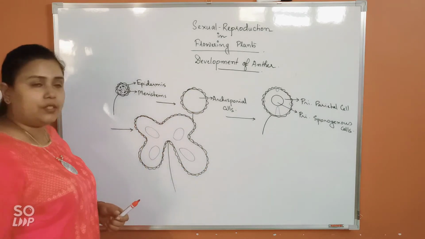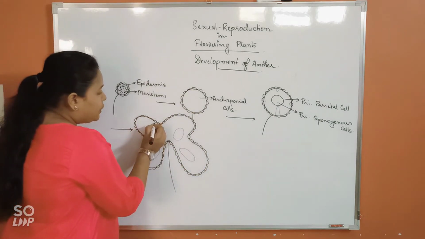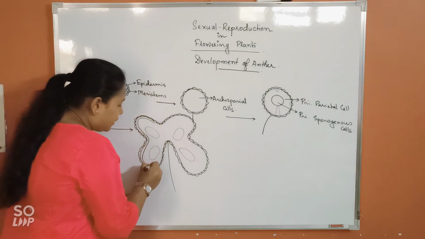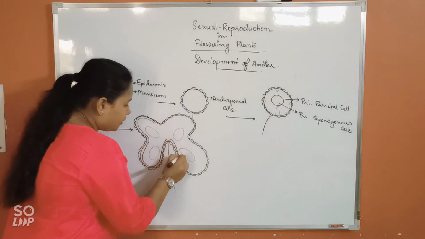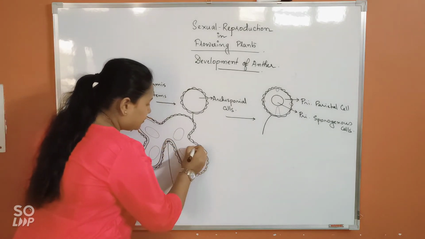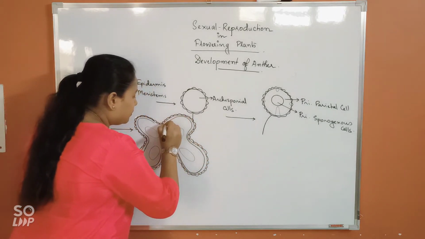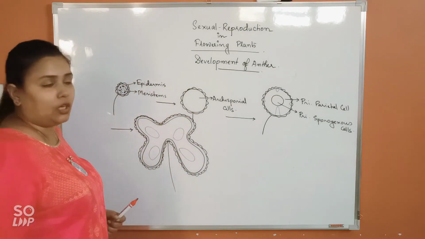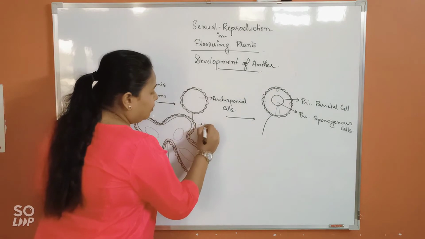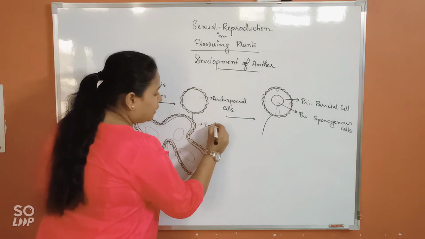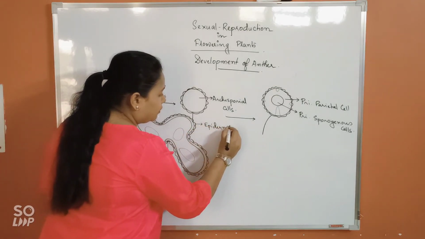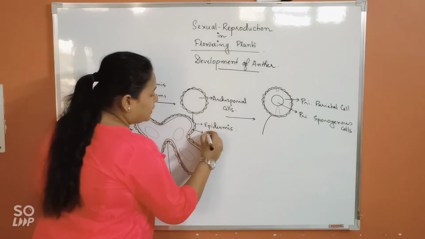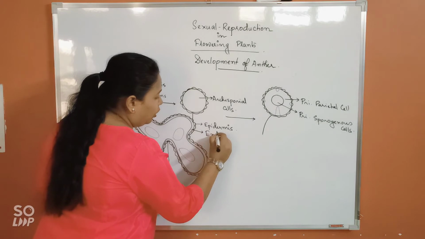So what are those distinct protective layers? Just internal to the epidermis remains a single layer and this layer is called endothecium. Okay? Let me mark them. First is epidermis. Then the next is endothecium.